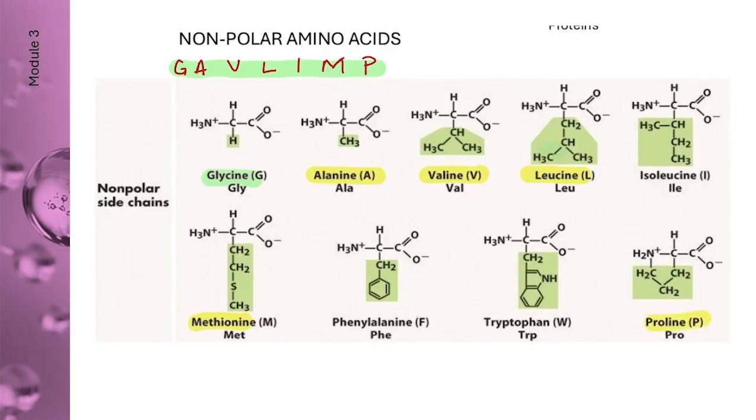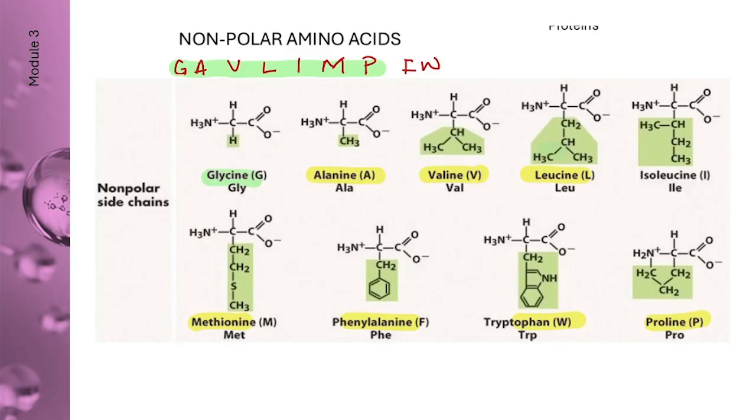and then we have F for phenylalanine, and W for tryptophan. So usually we normally call it GAVLIMP FW.